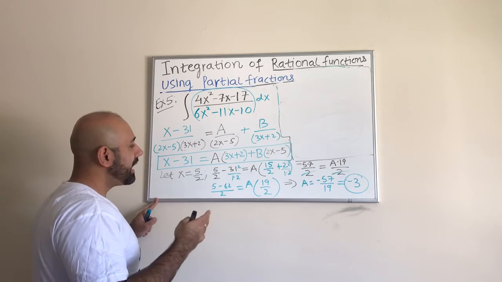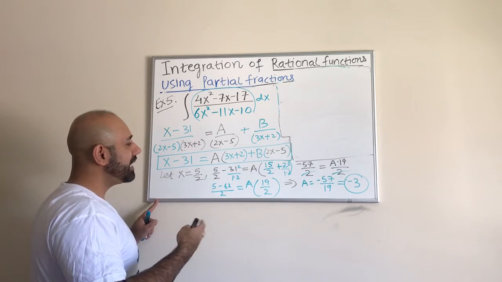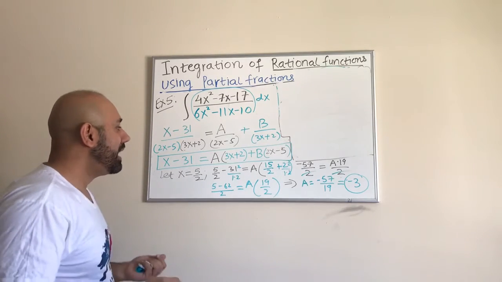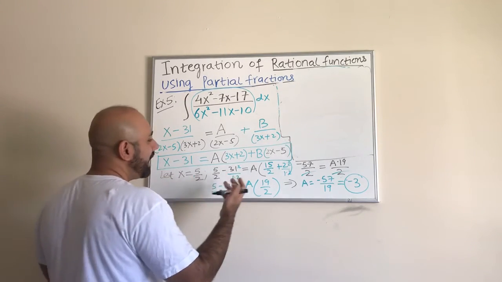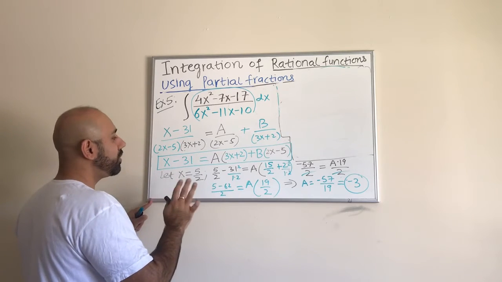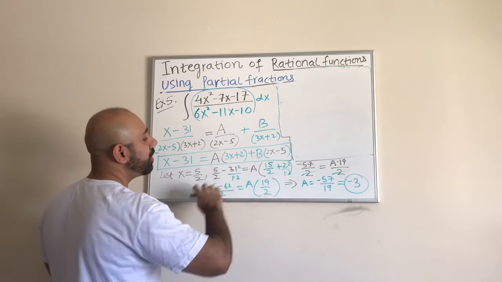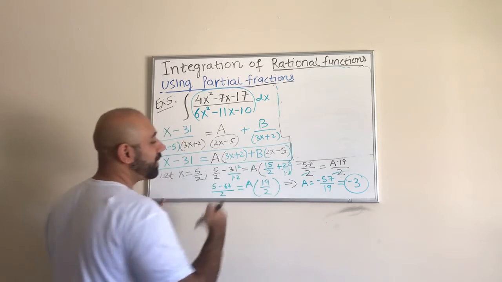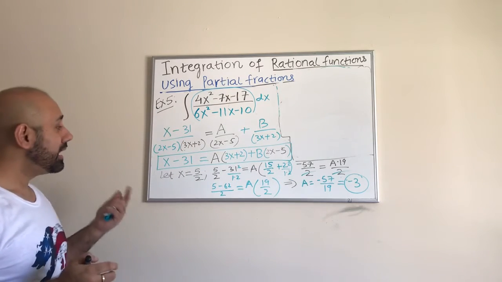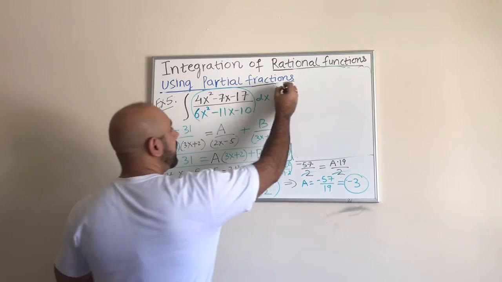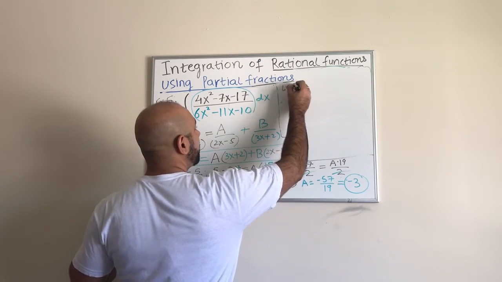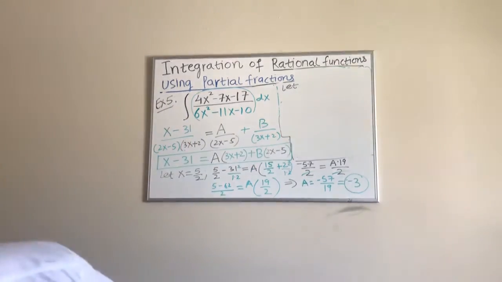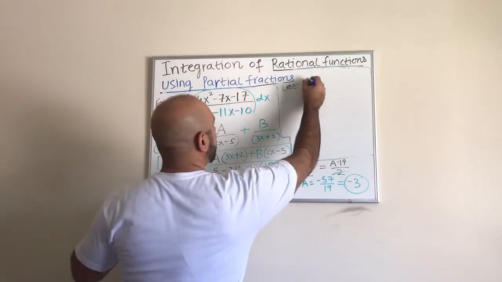Or in this case, I'm going to choose any other easier or simpler value for x so that I can solve for the other one. My choice here is going to be x equal to 0, because if I use x equal to 0, I will not lose any of those terms, but I don't care if I don't lose both of them because I already have the value for one of the variables, a. Okay, guys, I'm choosing x equal to 0. Again, you are free to choose whichever value you want to use. Let me use x equal to 0.